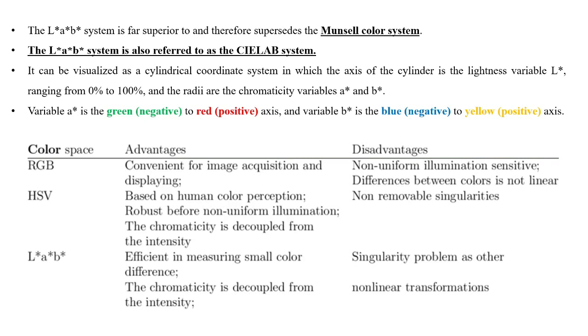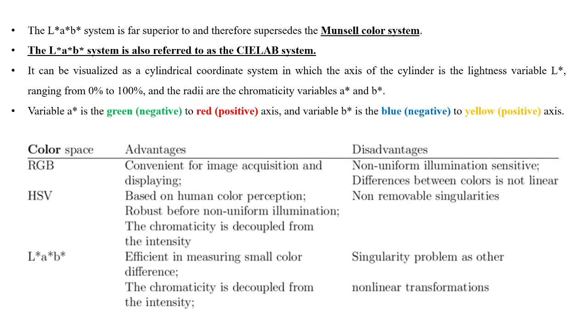If you see, based on human color perception, here you have segregated three things: hue will give you the color information, saturation gives you the purity of the color, and the I gives you the intensity of the color, which we are not able to get in the RGB color space, right, where you will only get the color information like R, G, and B.